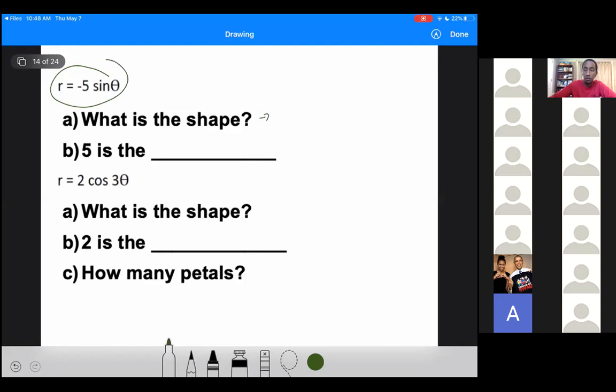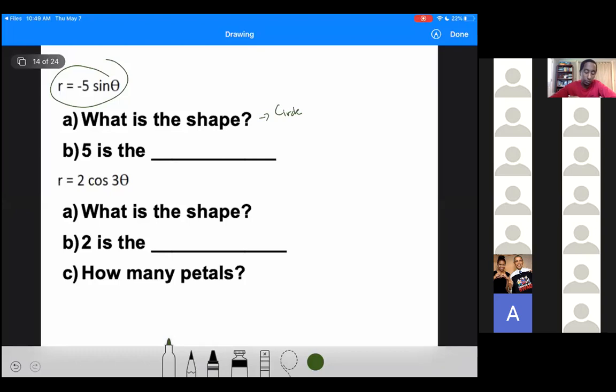Maybe she stepped out. Brianna, what's the shape of this one called? Is it a rose curve? Not quite, because remember the rose curve has to have the value right here. Oh, it's just a circle. Just a circle.